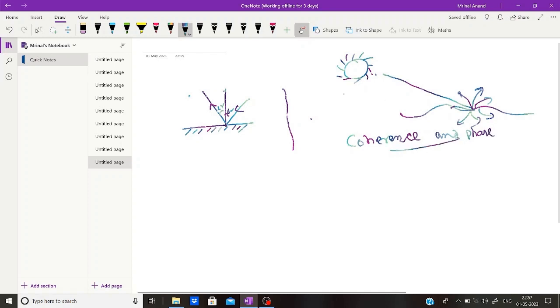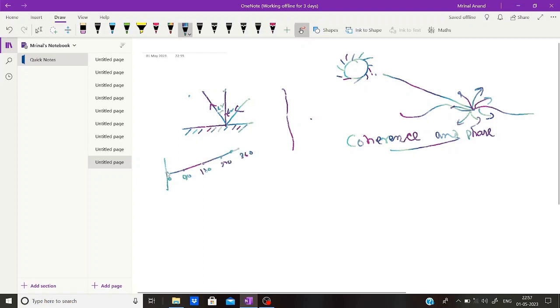So this radiation basically follows a sine wave. It can be sinusoidal radiation also. Suppose this is 0, this is pi by 2, that is 90, this is 180, this is 270, this is 360.